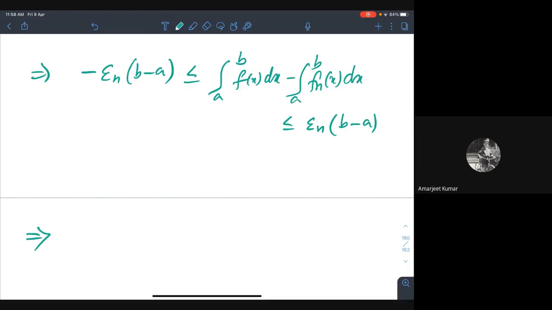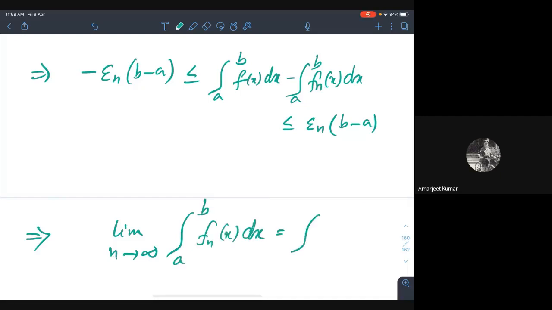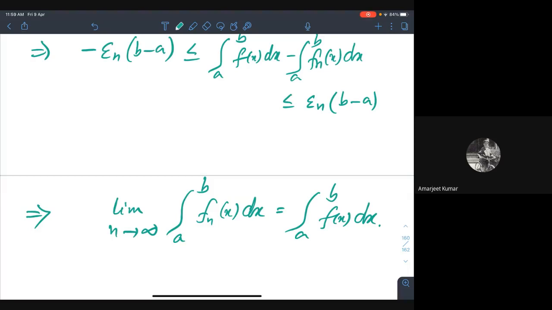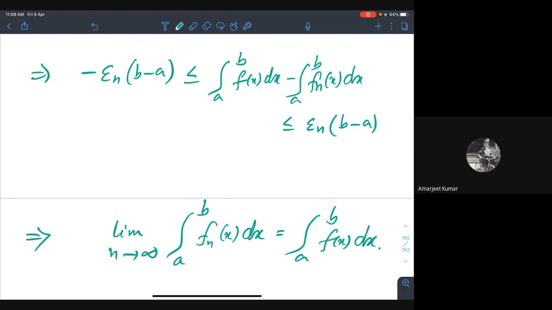So this means the limit as n tends to infinity of the integration from a to b of fn(x) dx is the integration from a to b of f(x) dx. Is this clear? Yes, sir.